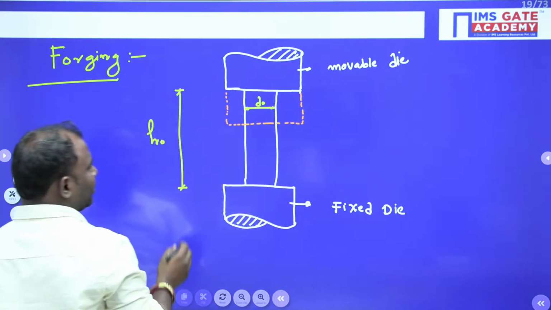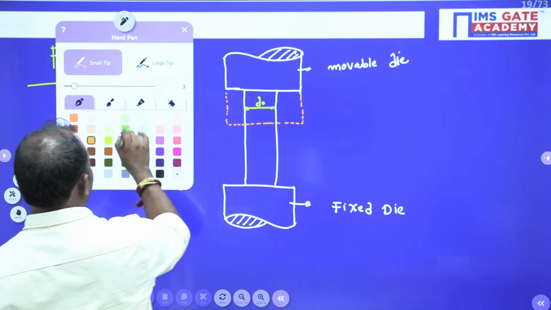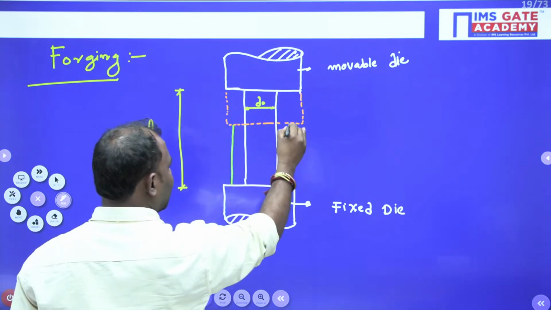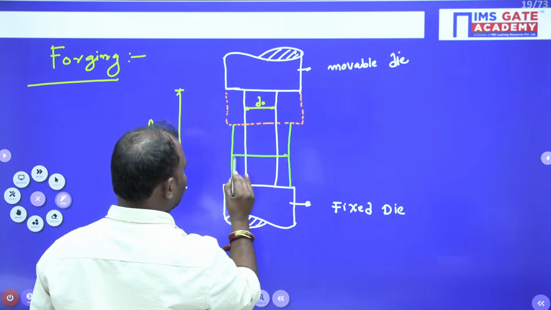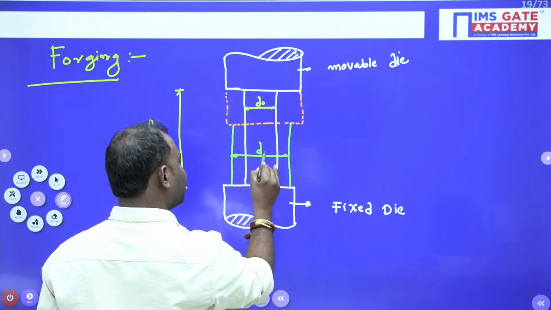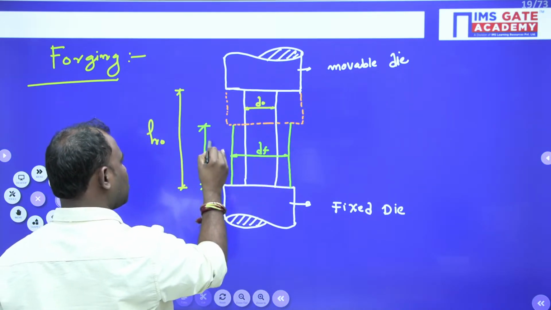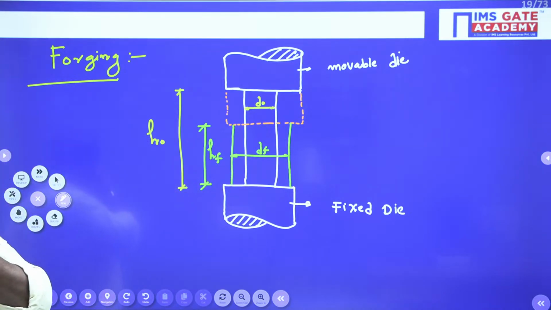In that case, my job just expands like this, isn't it, guys? Now the final diameter is df and the final height is hf. Isn't it, guys?